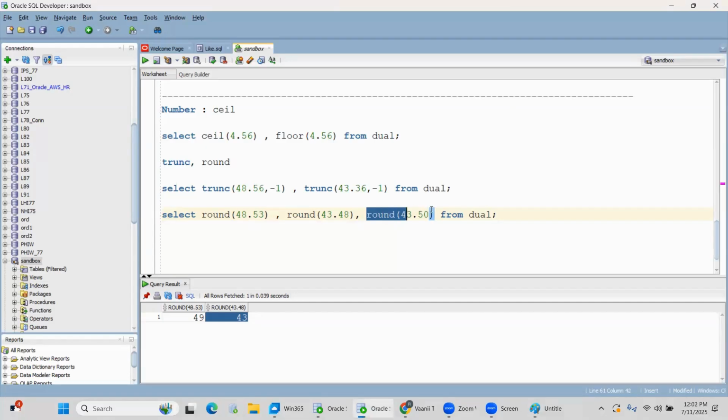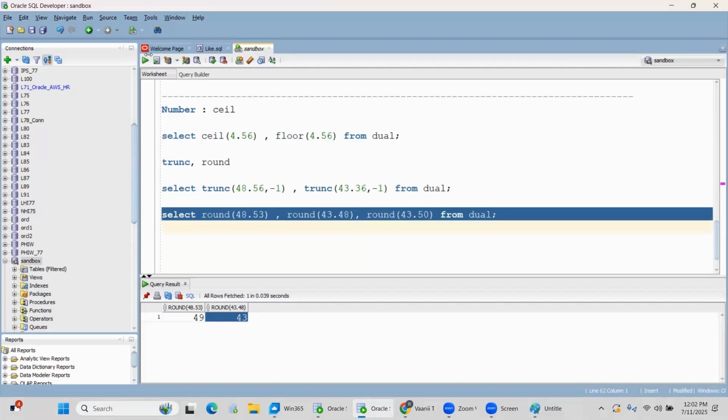Just give the answer for the third itself, okay? So one is saying 43, one is saying 44, and I'm pretty sure a lot of you might have this 43 and 44 answer, right? Okay, so let's execute it.